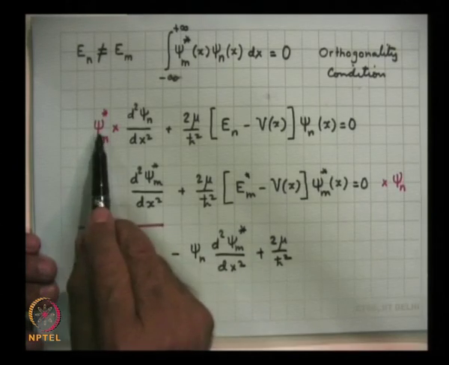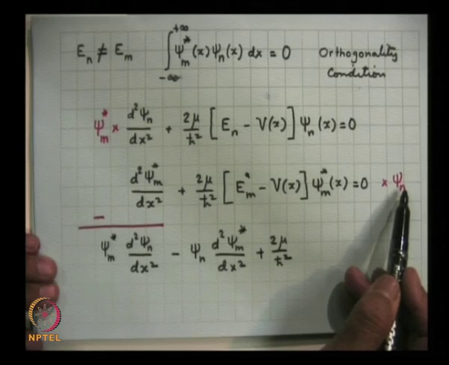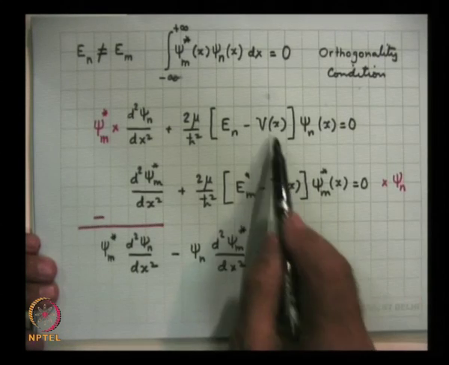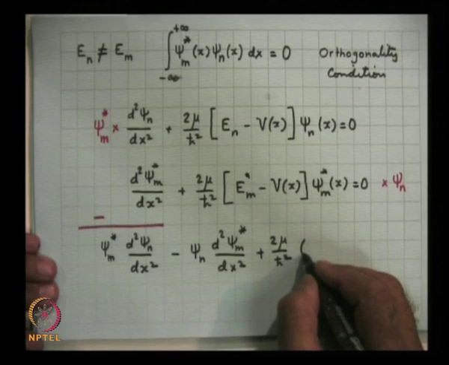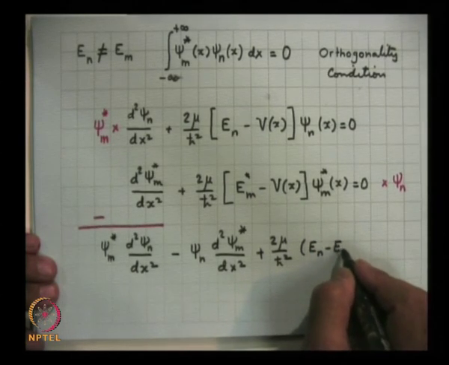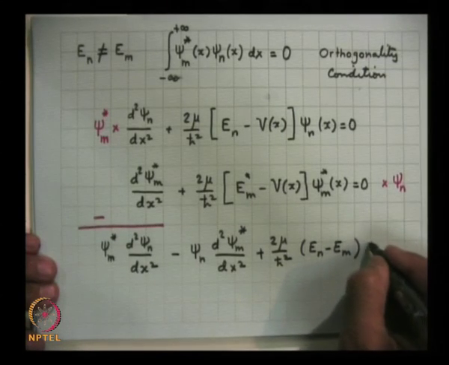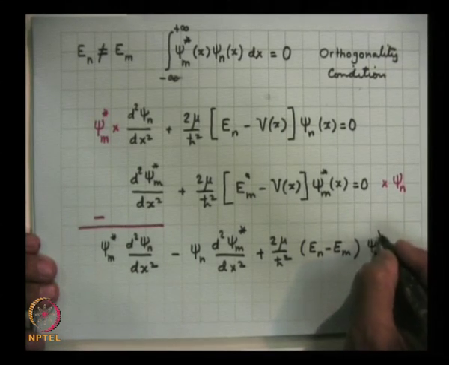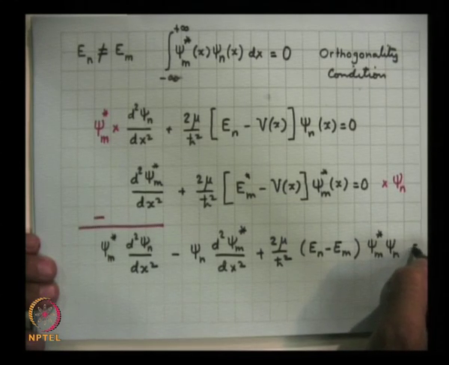Please see this psi m star psi n. So, v and v are the same, so these two terms will cancel out. So, I will be left with E n minus E m psi m star psi n equal to 0.